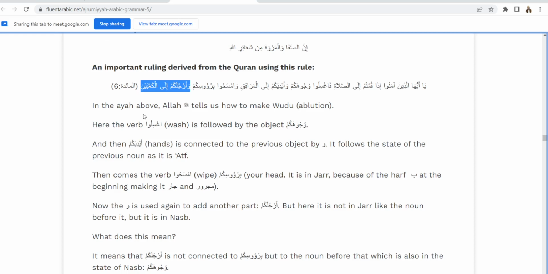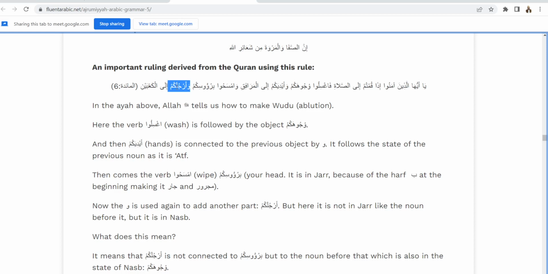The thing is about the عطف, the conjunction itself. The conjunction could follow the closest noun, and it could follow a far noun. So the easiest one is أرجلكم. Why? Because it's close. برؤوسكم مخفوض, مجرور by كسرة. برؤوسكم وأرجلكم, and it is اسم معطوف to رؤوسكم.